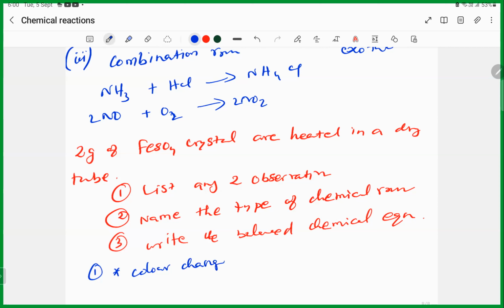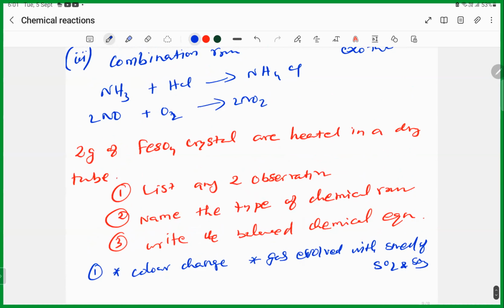Then a gas is evolved with the smell of sulfur dioxide and sulfur trioxide.